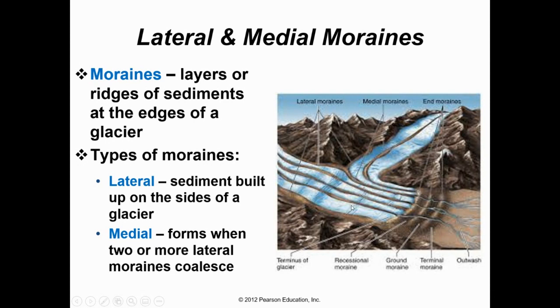That striped appearance is individual glaciers that coalesced, and in between them are the lateral moraines. So here we have a lateral moraine that was squeezed in between these two glaciers when the two coalesced. You're seeing the formation of a medial moraine right here. Okay, there's one right here.